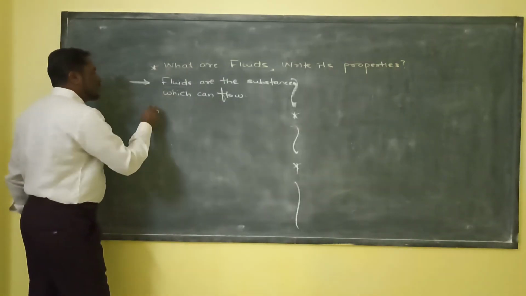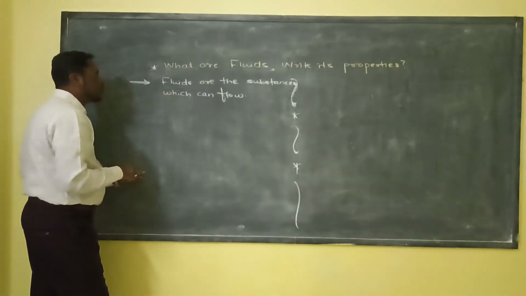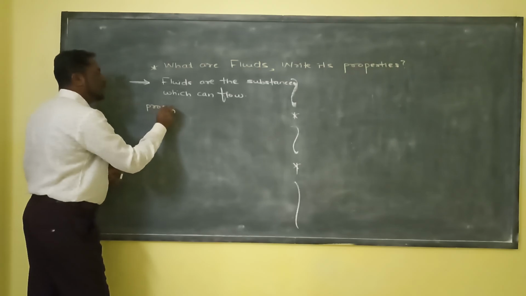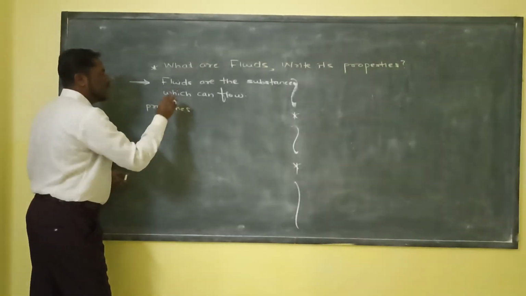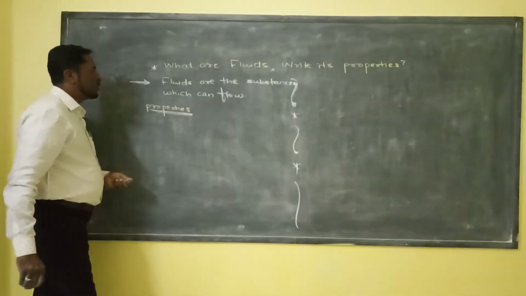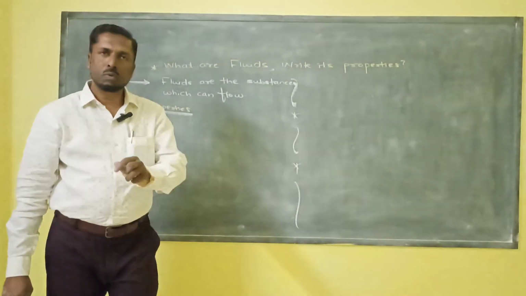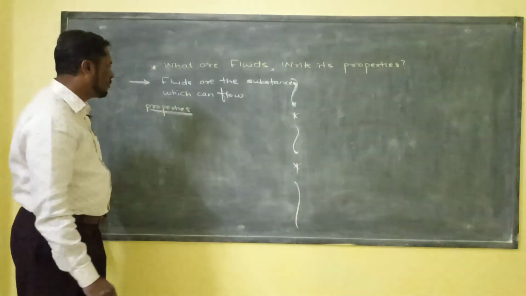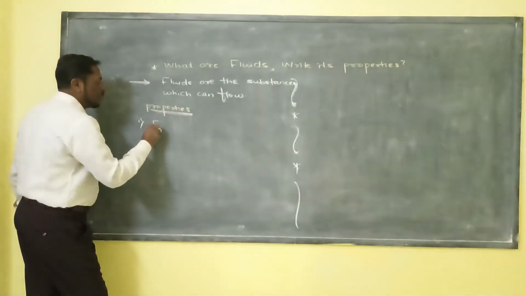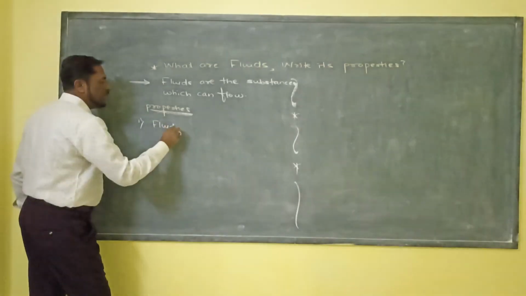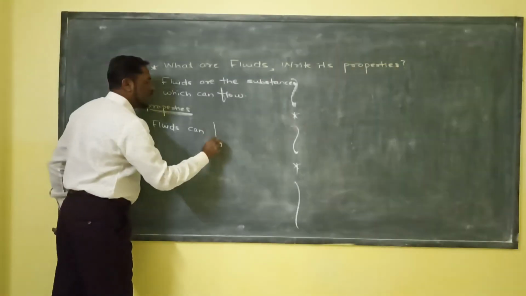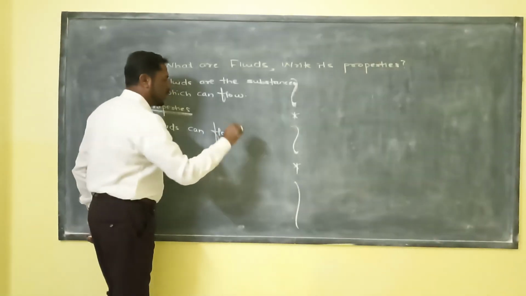Now, what do we understand by its properties? In the simplest way, we are dealing with fluids. First we write its definition: fluids are the substances which can flow. The very first property, from the definition itself, is that fluids can flow.